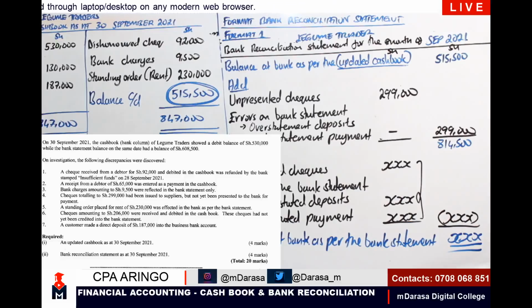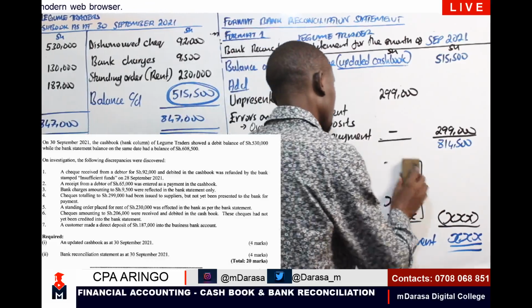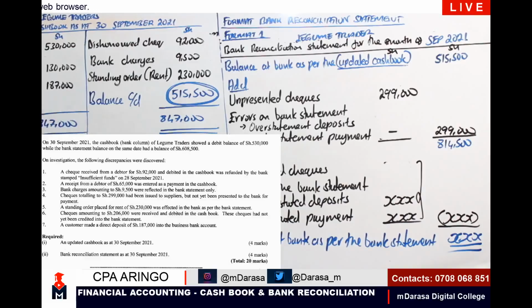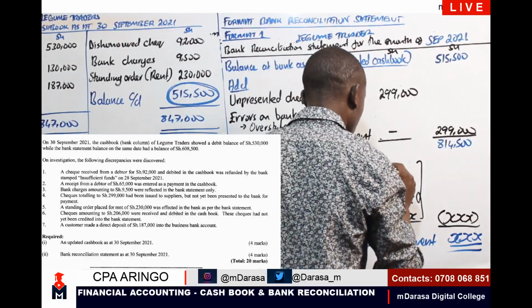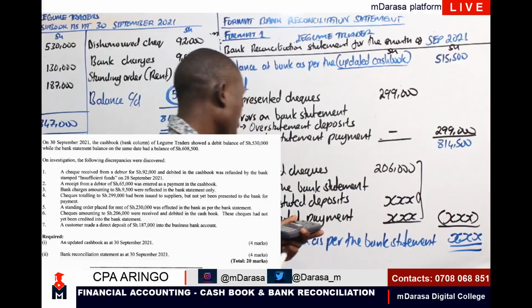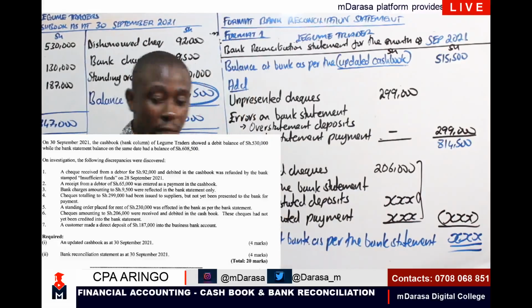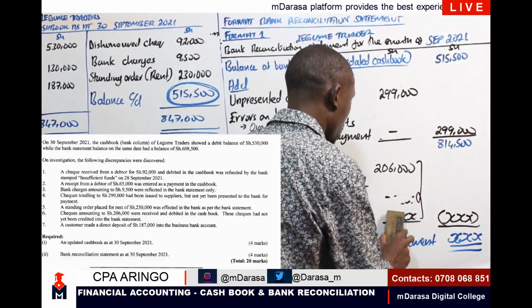So we are talking of uncredited checks of how much? 206,000. We didn't have any errors that we've seen, so here I'm not going to have any errors.